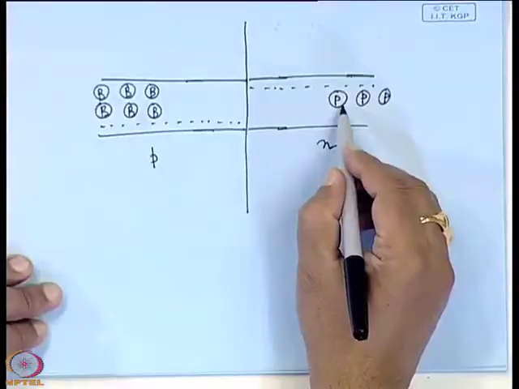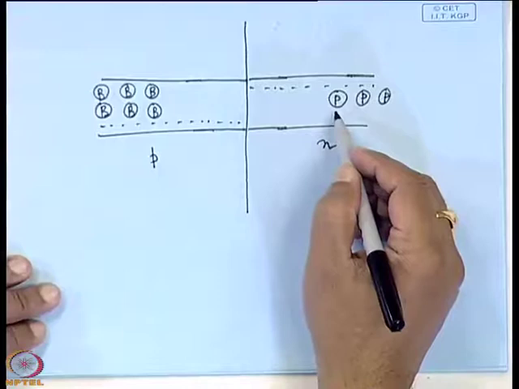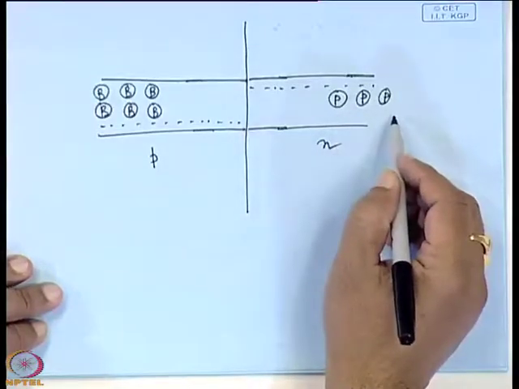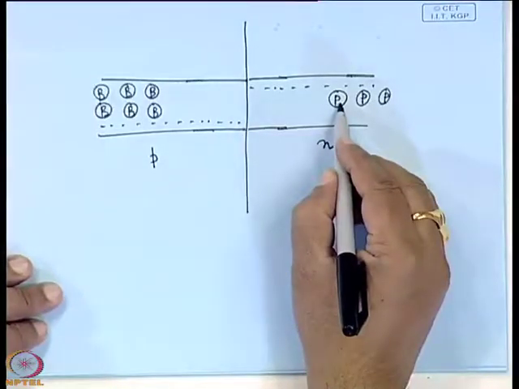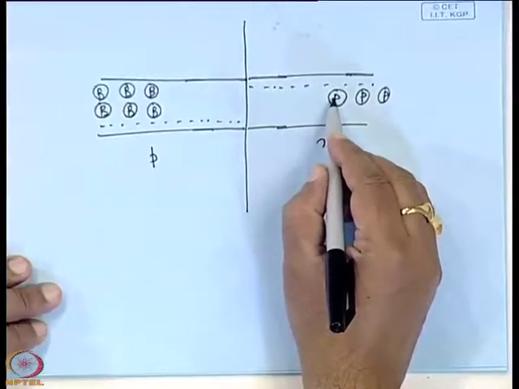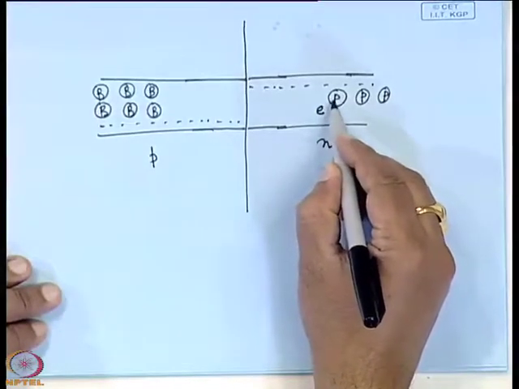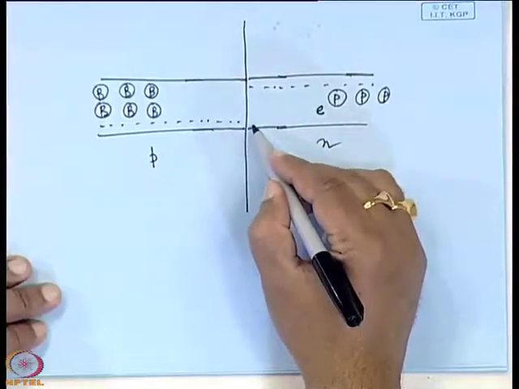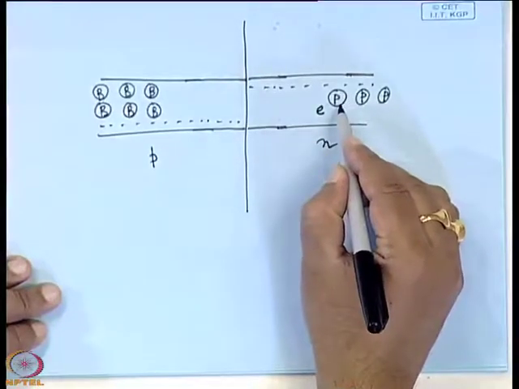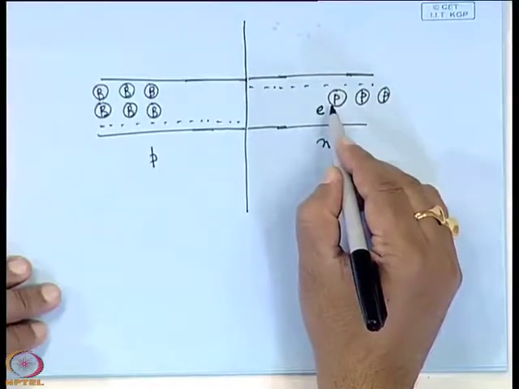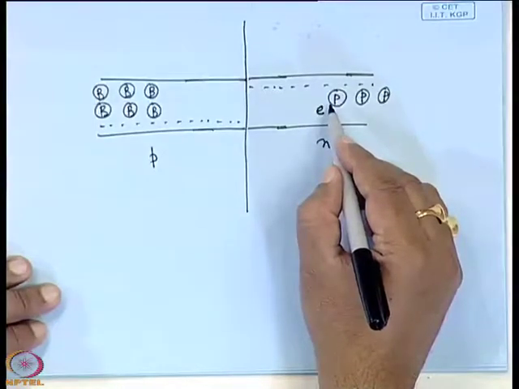So, in this case, due to ionization of phosphorus, a phosphorus atom will be ionized and one electron will be donated to the crystal lattice and the phosphorus atom will be a positively charged ion. Why?